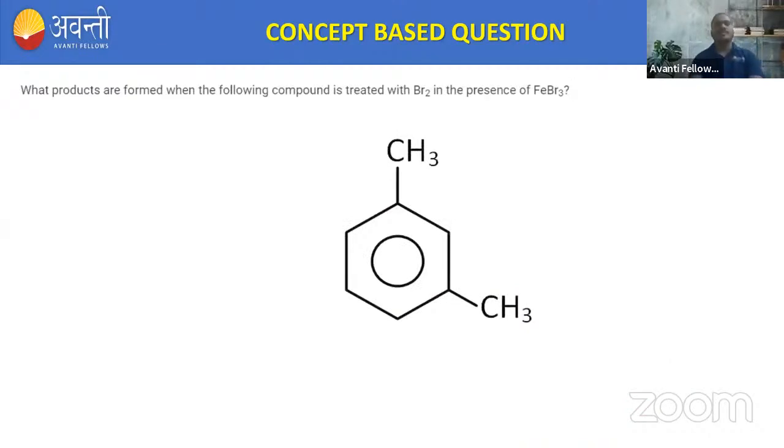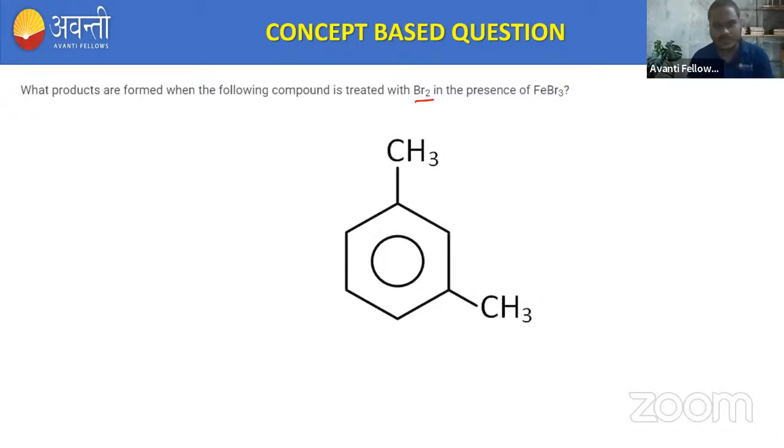Now, what products are formed when the following compound is treated with Br2 in the presence of FeBr3? So क्या बनेगा भाई अगर आप इसको ट्रीट कर दो तो जल्दी बताओ. We all know that whenever they are treated with Br2, ortho-para substituted products are formed.